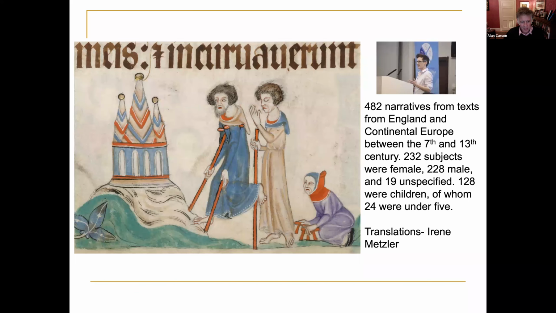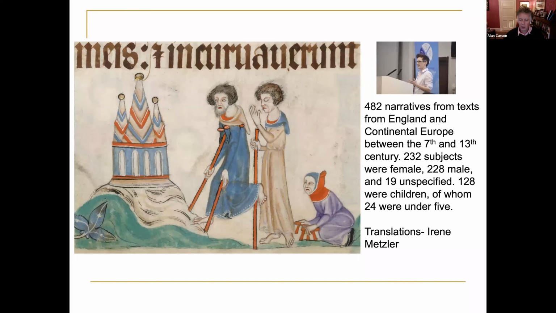This is from some unpublished work we've conducted, led by Laura McWhirter, an excellent colleague of mine, and in combination with Irene Metzler, a historian who has done a lot of study on medieval disability. And she'd managed to find a range of texts across England and continental Europe from 7th to 13th century describing miracles, and translated them into English.